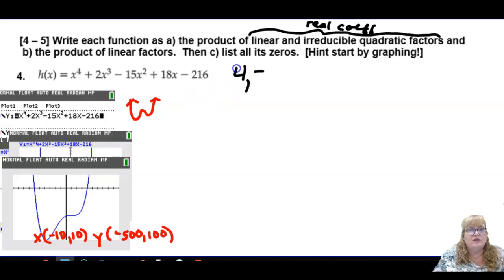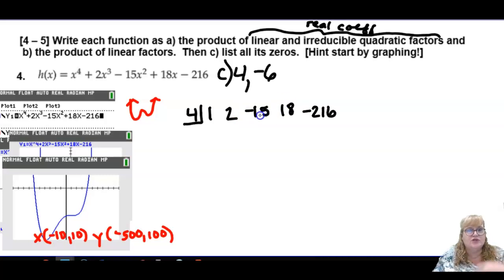We have 4 and -6 as two of our answers for part C, where it says list all the zeros. So I'm going to start with 4, and my coefficients are 1, 2, -15, 18, and -216. Let's double check we don't need any placeholders. This was degree 4, degree 3, degree 2, degree 1, constant. We don't need any placeholders.